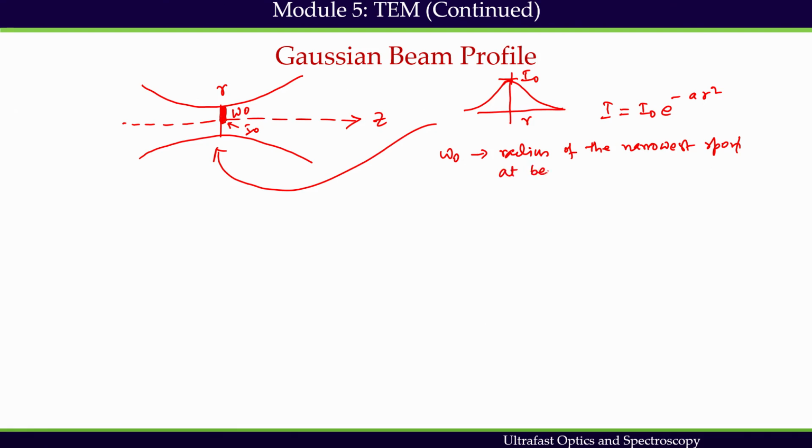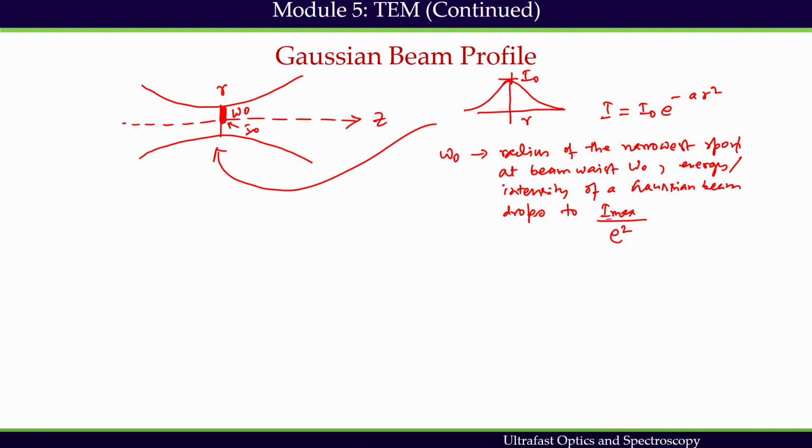But at the same time, one can define it as the beam waist W naught, where the energy or intensity of a Gaussian beam drops to I max by e square.